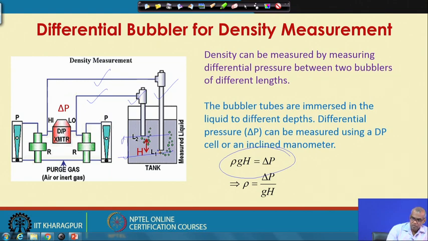So, at this stage the pressure here and the pressure here are same due to corresponding air flows. The delta pressure, delta P, can also be measured using say a DP cell, differential pressure cell, or using an inclined manometer, and then can relate delta P equal to rho gH. From that you can calculate rho, or the density of the liquid.